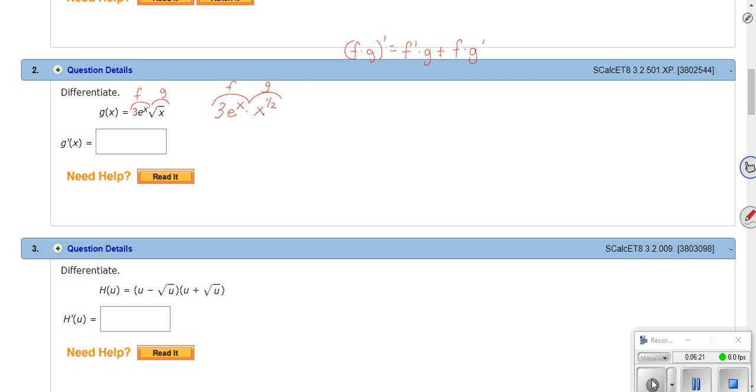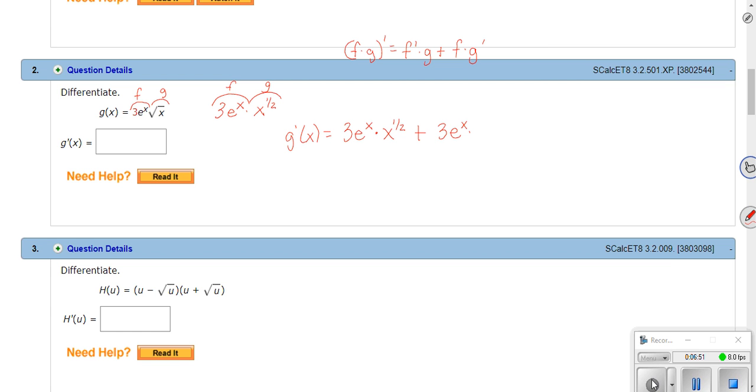So F prime, remember the derivative of e to the x is just e to the x. So my G prime of x is going to be 3 e to the x, nothing changes there, times x to the 1/2, that's my G, plus F, which is 3 e to the x, times G prime.